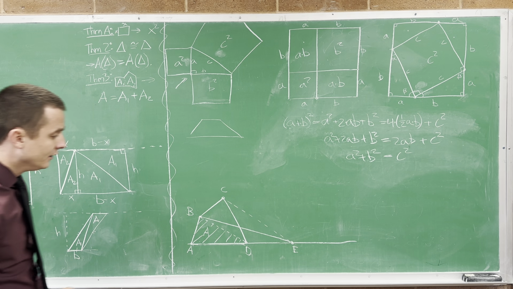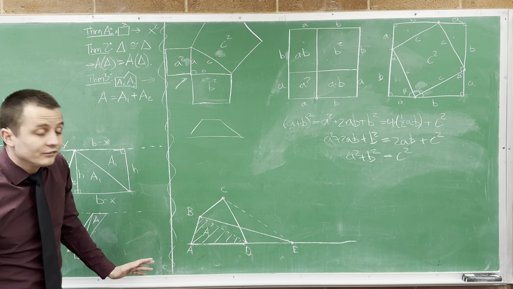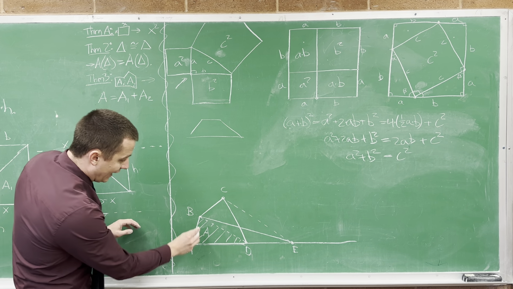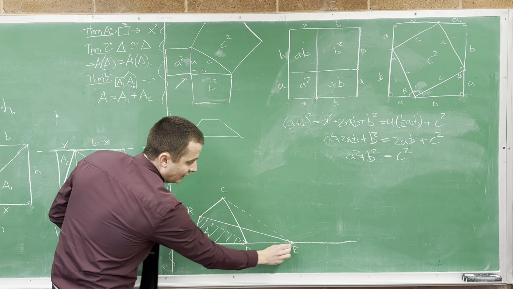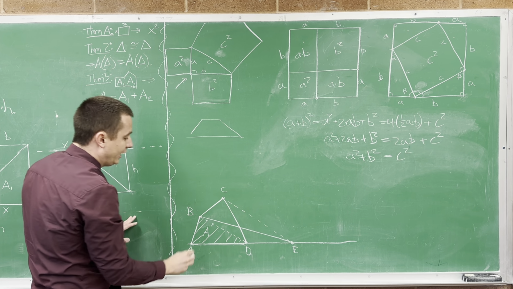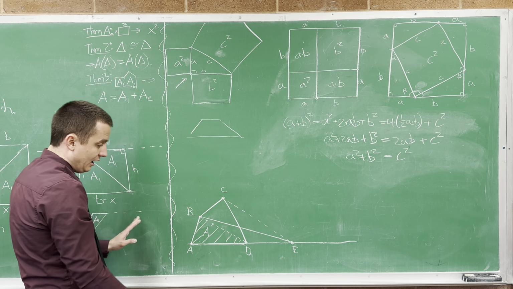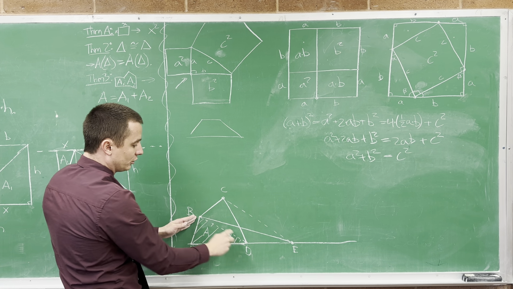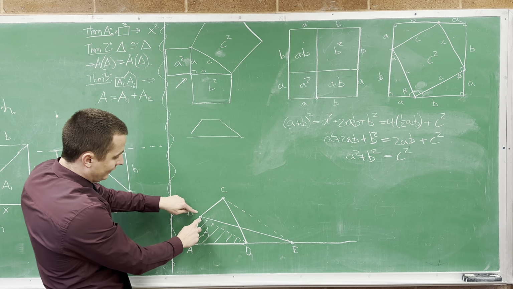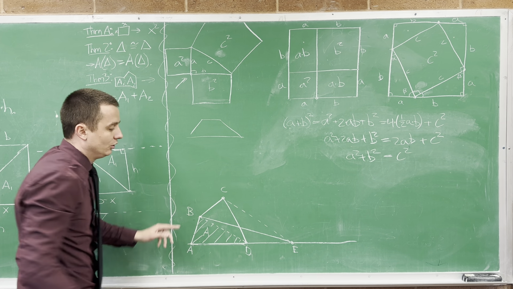Okay, that's it. What remains to be argued is that this triangle, BDE, has the same area as this triangle, BCD. If the remaining portion of the quadrilateral has the same area as the remaining portion of our triangle, then we're done.